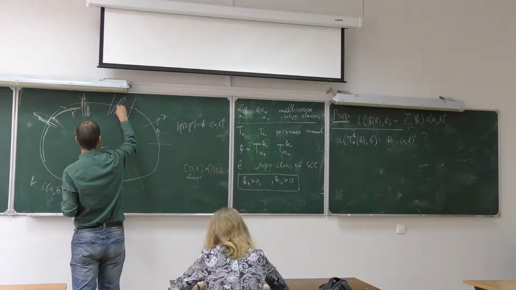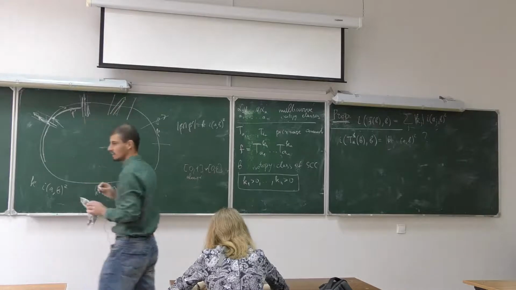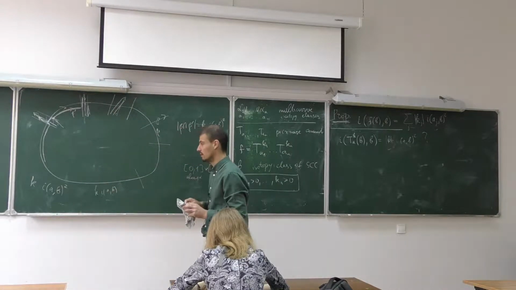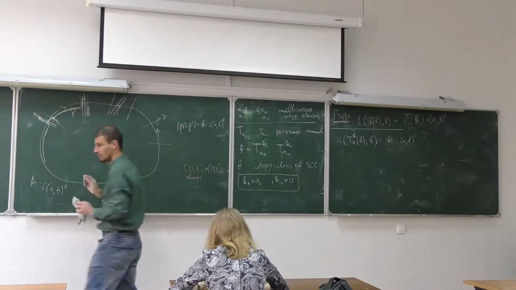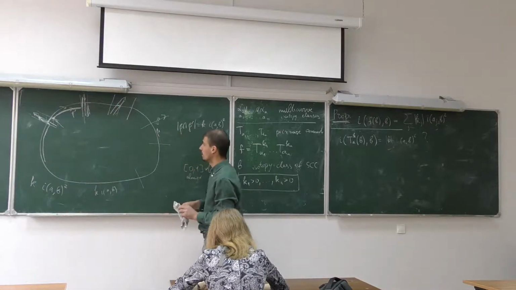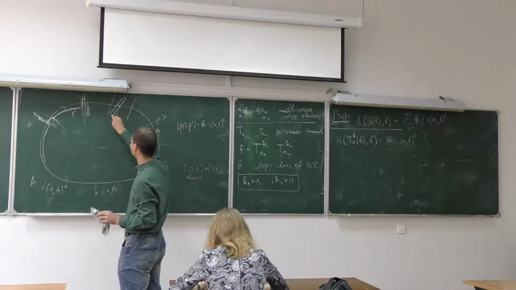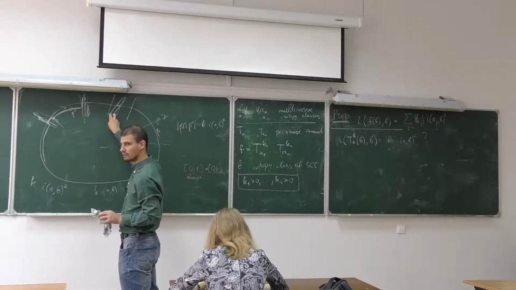Suppose these are two consecutive arcs, and this is a short arc of beta. There are two possibilities.